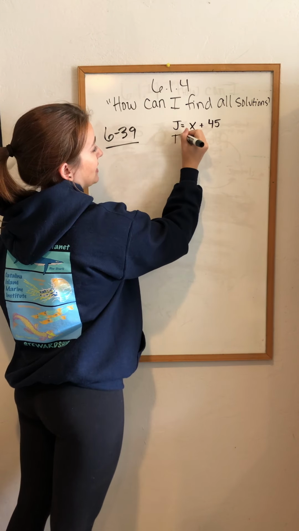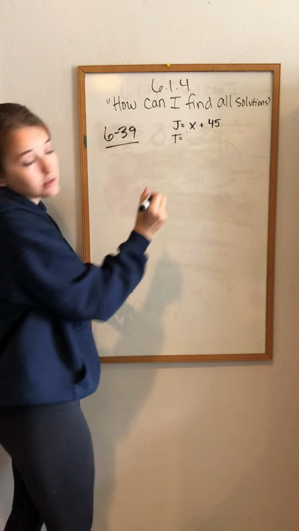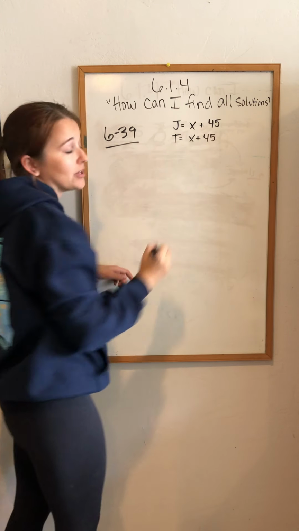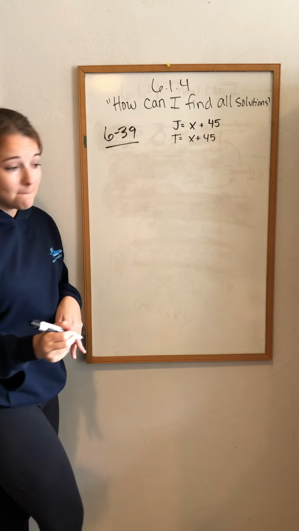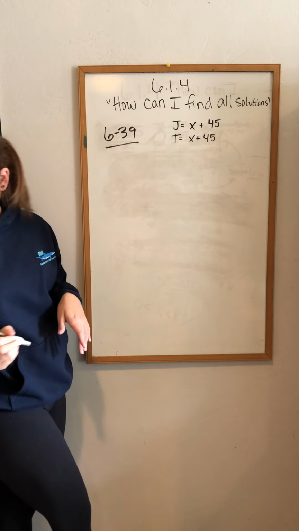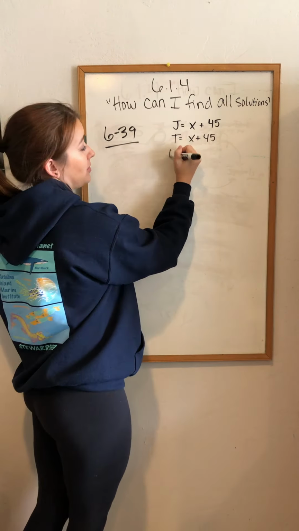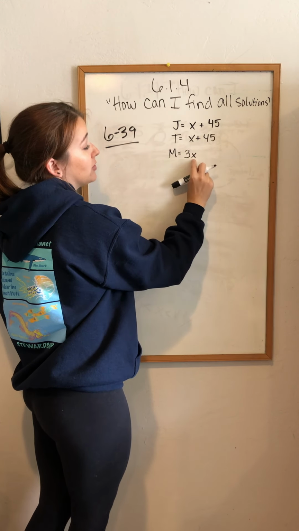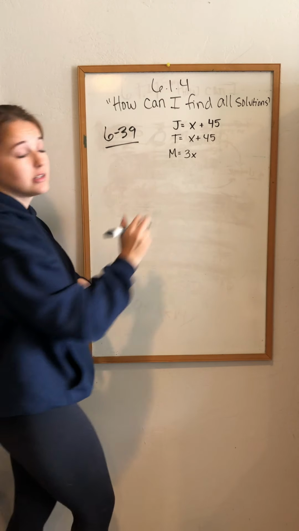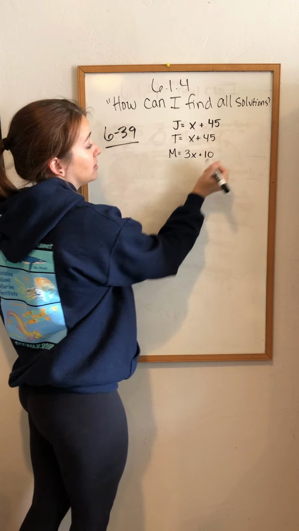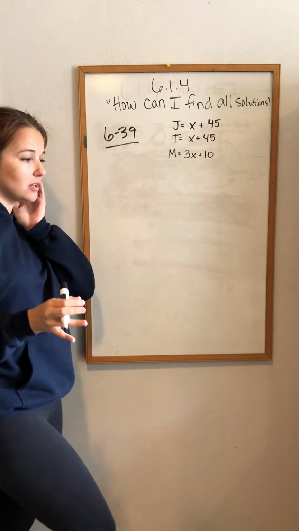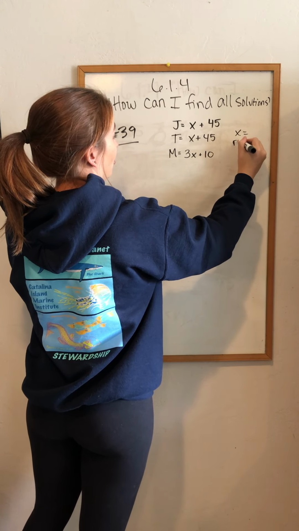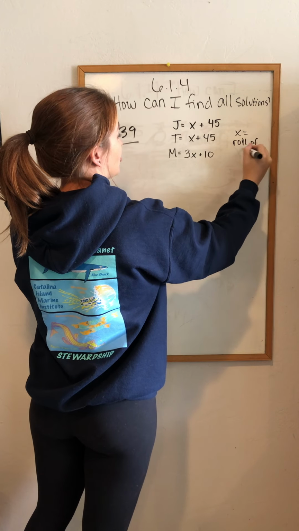Yeah, had the same thing, I believe. Yes, Terry had the same thing, 1 roll plus 45 extra. And then Morgan had different ones. She had 3 rolls. So I'm gonna write a 3 in front of my x to show that I have 3 of those x's plus 10 extra yards. Okay, so now I've kind of organized my thoughts a little bit more. I'm gonna put x equals roll of string.